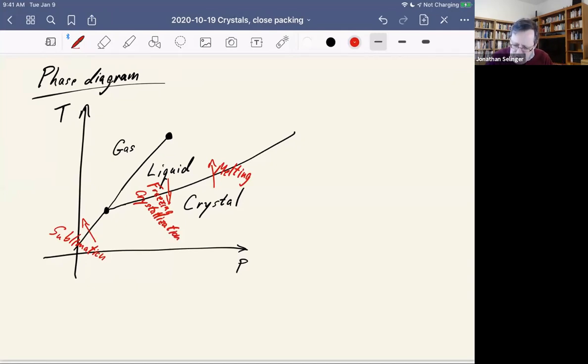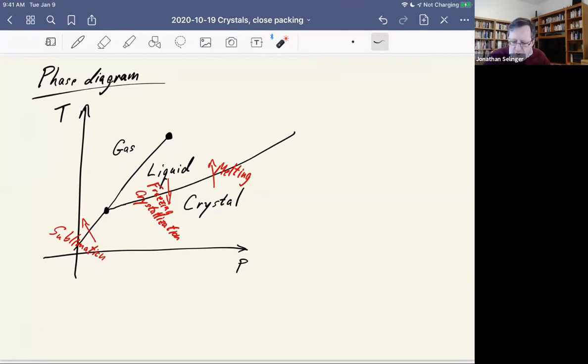I don't know if there is a word for going from gas directly to crystal. Isn't it deposition? Well, that is a process of starting with a vapor and depositing atoms onto a surface. I'm not sure if people would use that for the equilibrium phase transition.